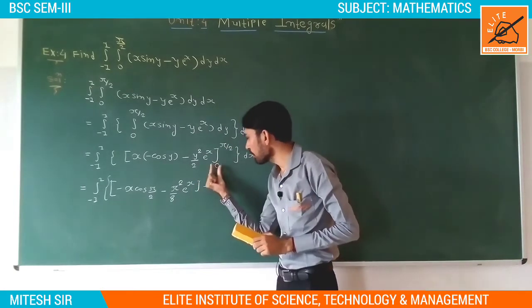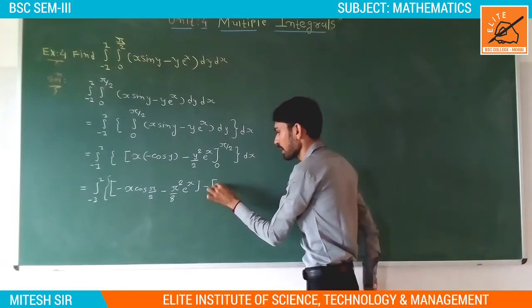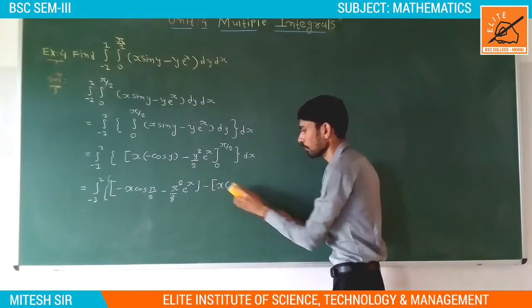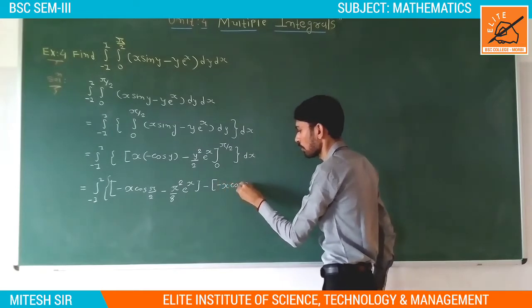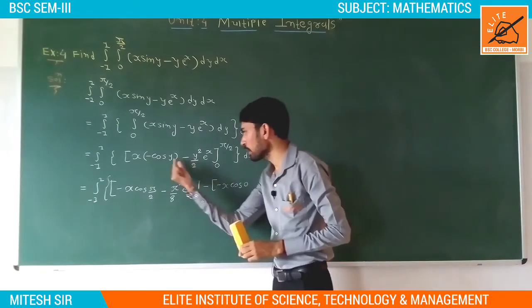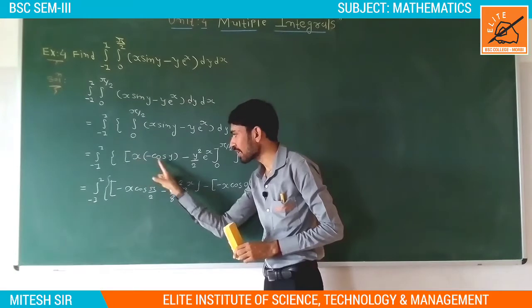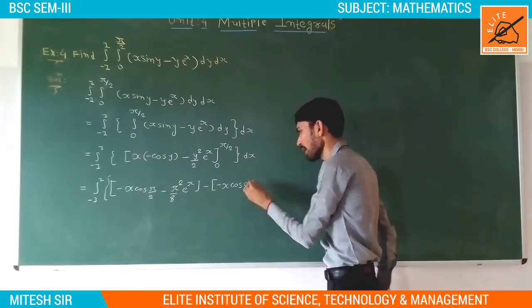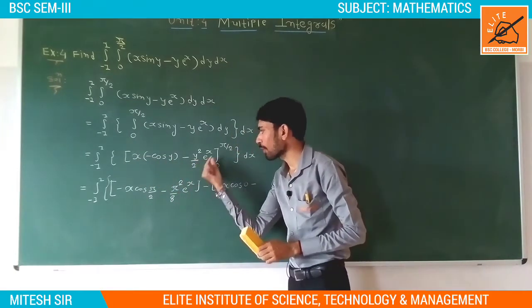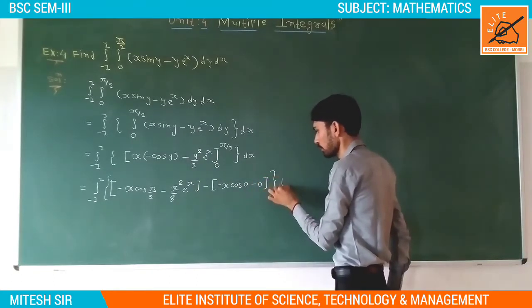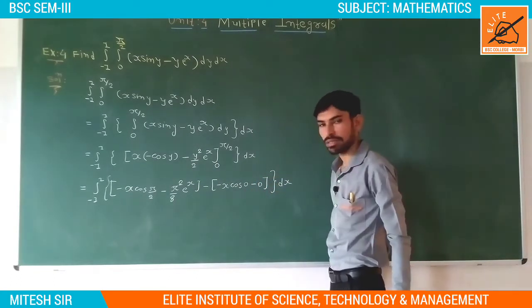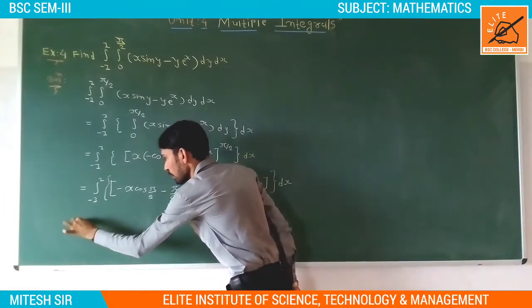Now friends, our lower limit is 0. So here it is minus x cos 0. Here we substitute y equal to 0. So minus x cos 0 minus, friends, putting 0 in place of y makes the whole term 0. So minus 0, into dx. Now we simplify this.